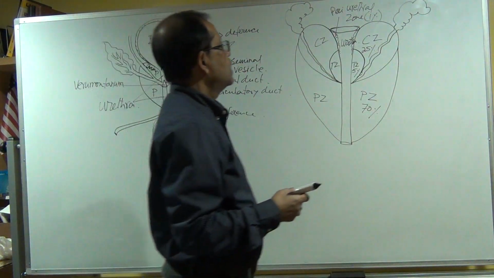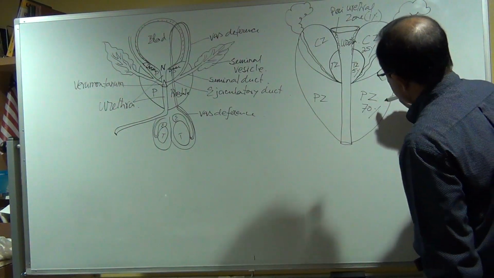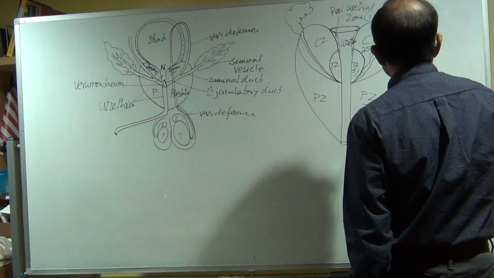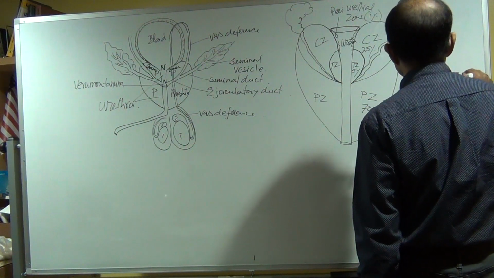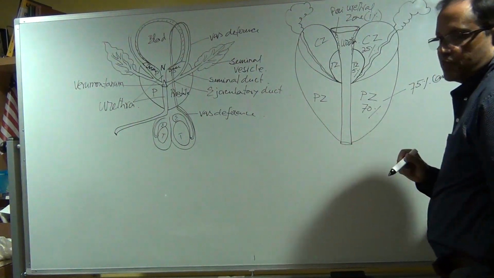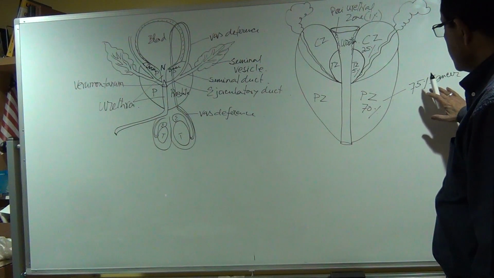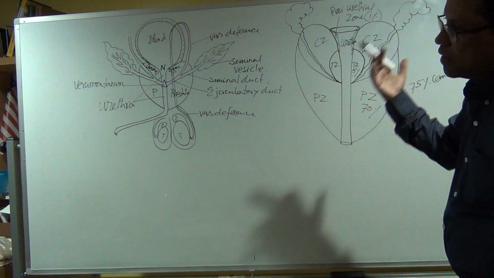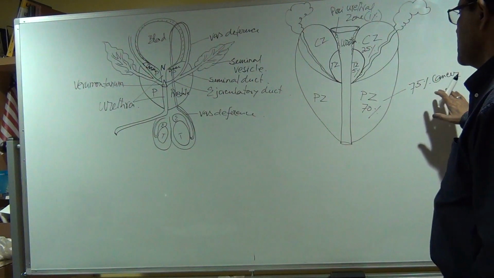So now, 75% of malignancy, 75% of cancer happens in the peripheral zone. And say 20% benign prostatic hyperplasia can happen there.